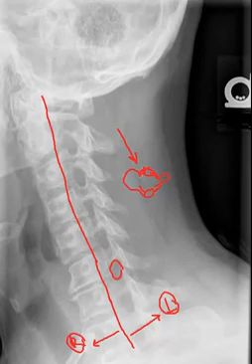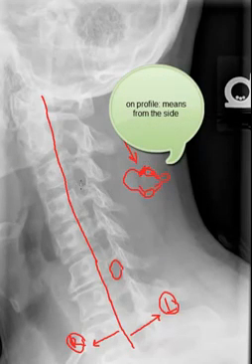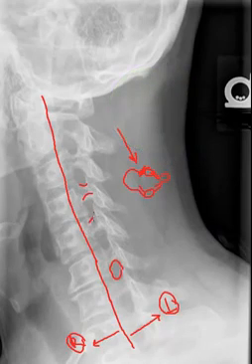This particular pedicle we're going to see on profile, meaning we're going to see the length of the pedicle. And that's what's happening here. The pedicles that we're visualizing are essentially at a 90-degree angle to the direction of the beam, and so we see them on profile.